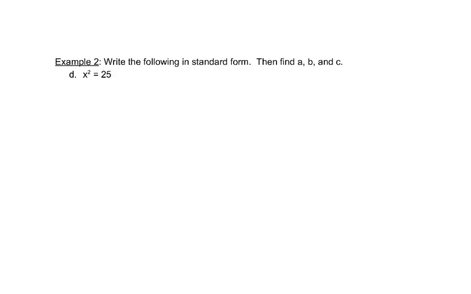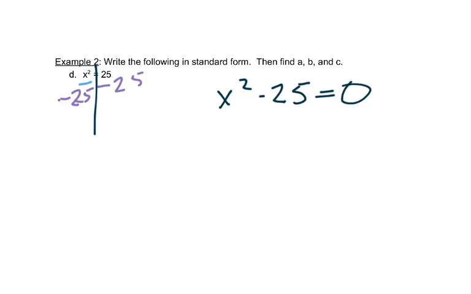Okay, so here we have to have the x squared first, and it is, but it needs to equal 0, and it does not right now. So let's subtract 25 from both sides. Remember when we do that, we need to just read the left-hand side exactly like we see it. X squared minus 25, and that will make it equal 0.